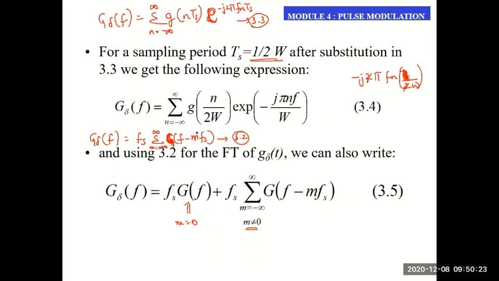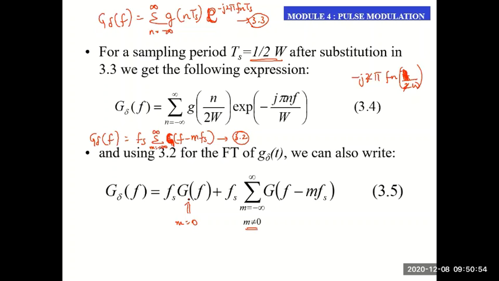We have just rewritten equation 3.2, taking out the term for m equal to 0. When I put m equal to 0, I'm going to get G of f minus 0, which I have taken out of the summation. So it's actually multiplied with Fs, everything. So Fs into G of f is the value for m equal to 0, plus what is remaining here is Fs summation G of f minus m Fs. And you should remember, I can't use m equal to 0 here because that has already been taken out.